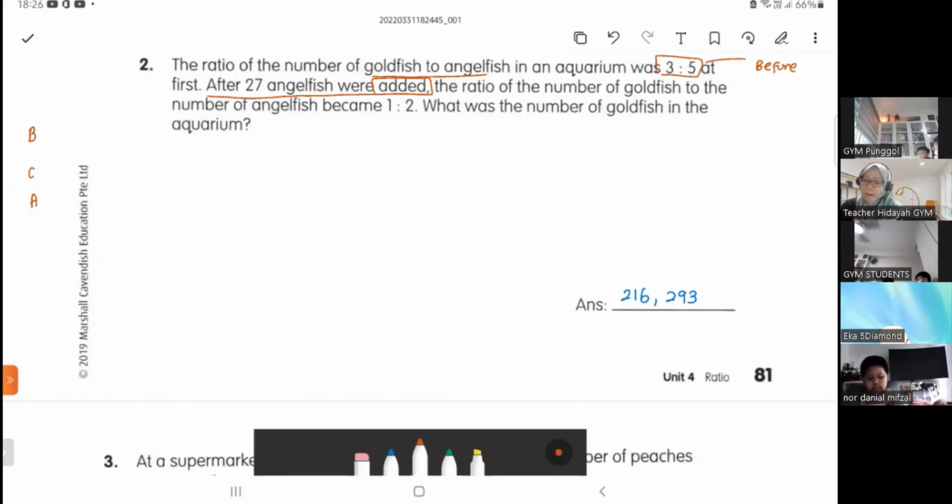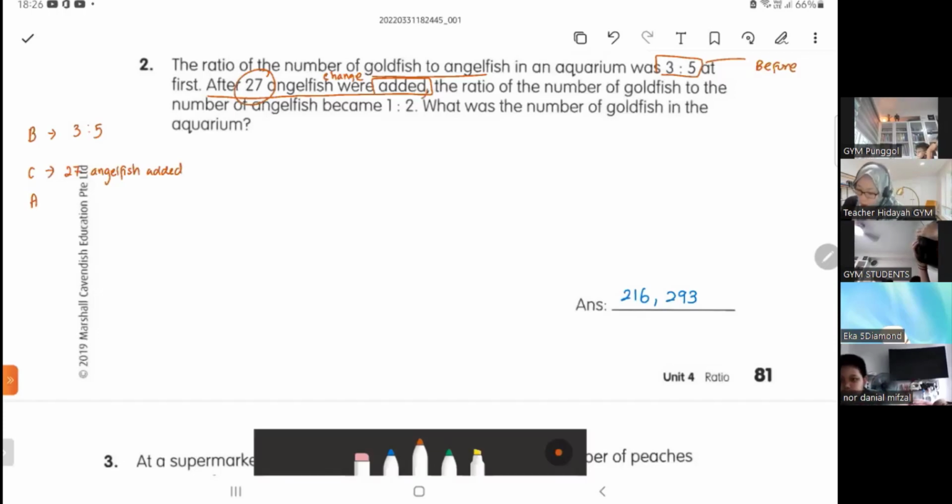In the story, what happens? 27 angelfish were added, right? So this added is my change. How many? 27 angelfish were added, all right? So I'm just going to put in the information here first. This is 3:5. And then over here, 27 angelfish added. Okay, then what happened?